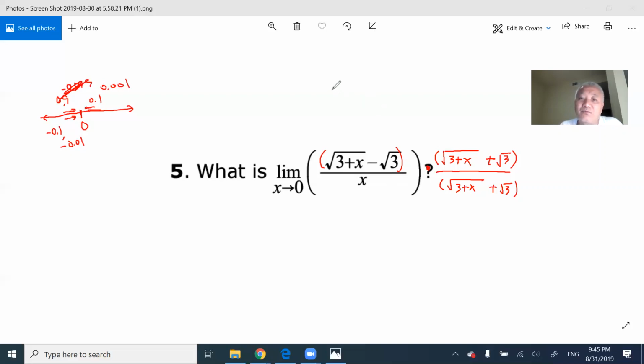Just like before, for example, you have 1/2, right? I times by 2 here, times by 2 here, I will get 2 over 4. 2 over 4, 1 over 2. They are the same fraction, same value, just different format. That's no problem, right? So that's why I can do this.